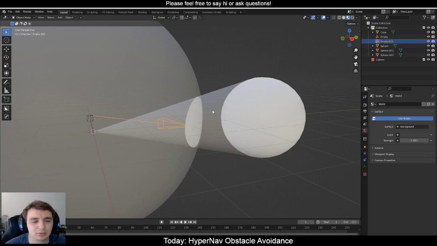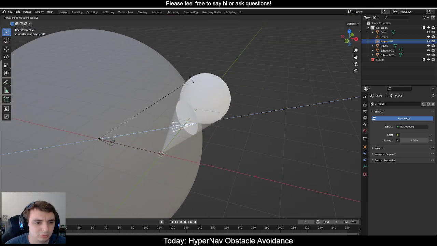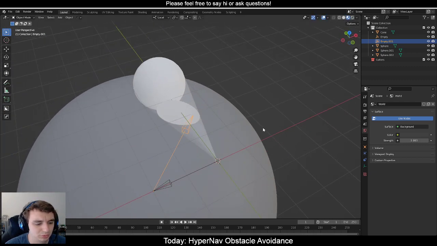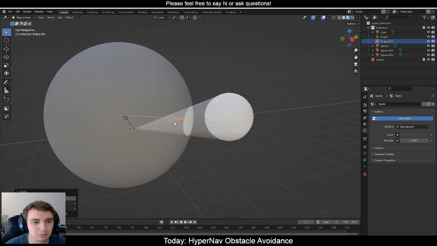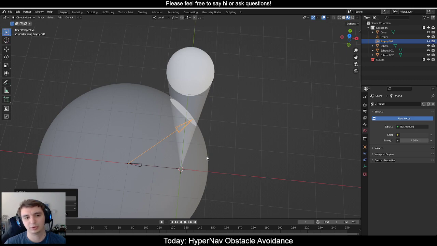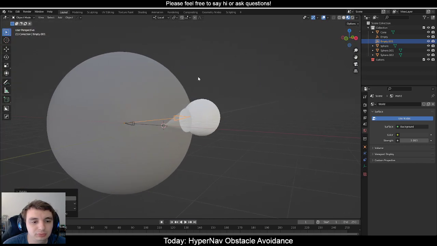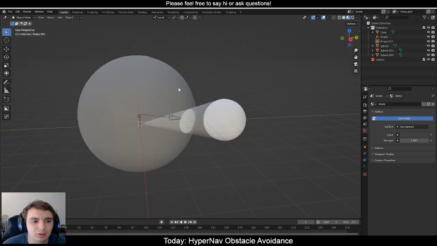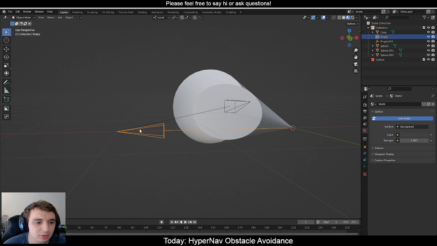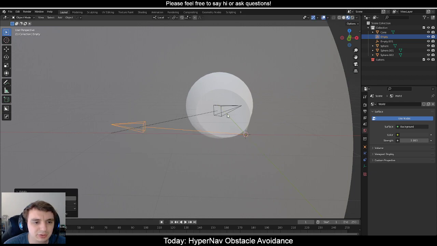Also, I do need to consider the case where I'm trying to move up, and where this thing also has vertical velocity.